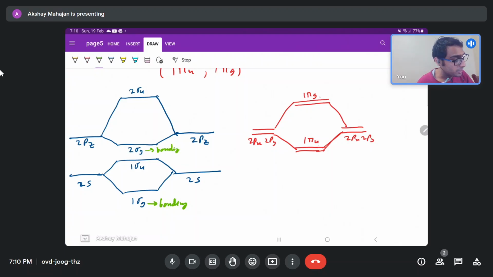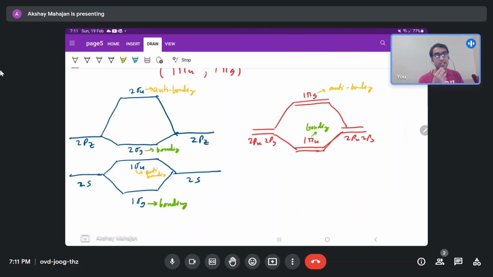And for pi, if we have u, then that is a bonding orbital. Let's say with yellow, I will represent the anti-bonding orbitals. This will be an anti-bonding orbital, this will be an anti-bonding orbital, and this is also an anti-bonding orbital.